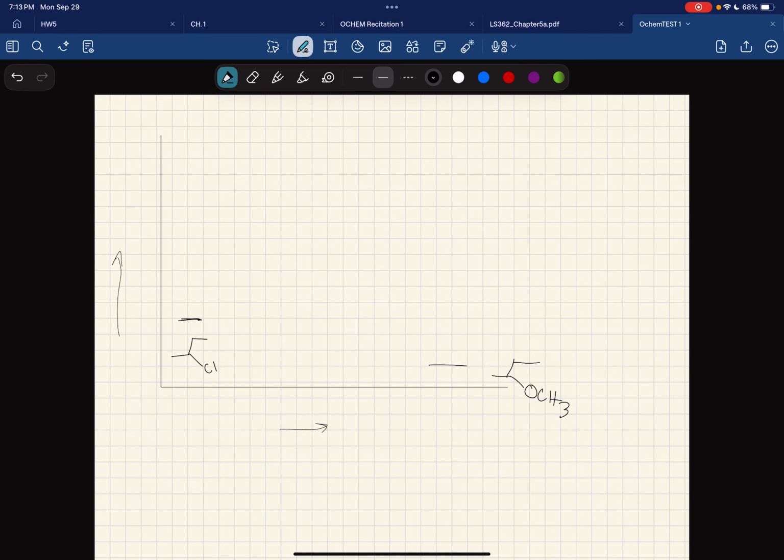So you can draw a line way up here and just go. Activation energy is right here. And this is going to be our transition state, where you kind of draw that bond partially breaking.